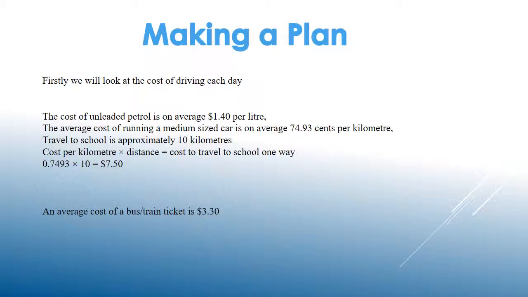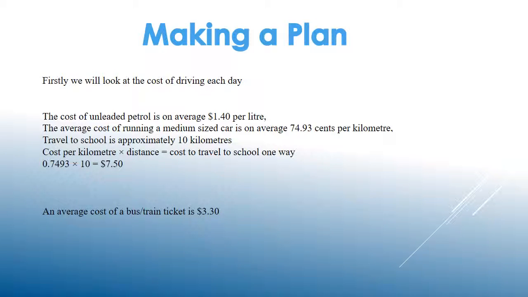We know that on average it costs 74.93 cents per kilometre on a medium-sized car, and we travel approximately 10 kilometres to school every day and 10 kilometres home. Now we have this information, we can work out the cost to travel one way to school.